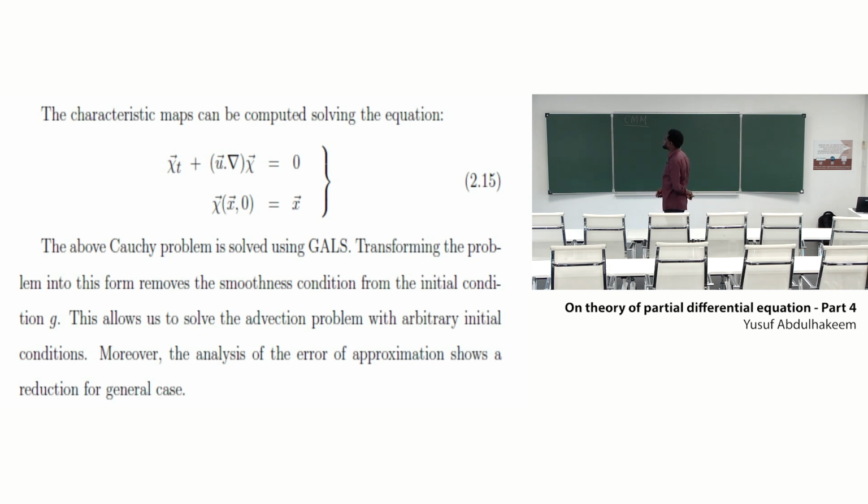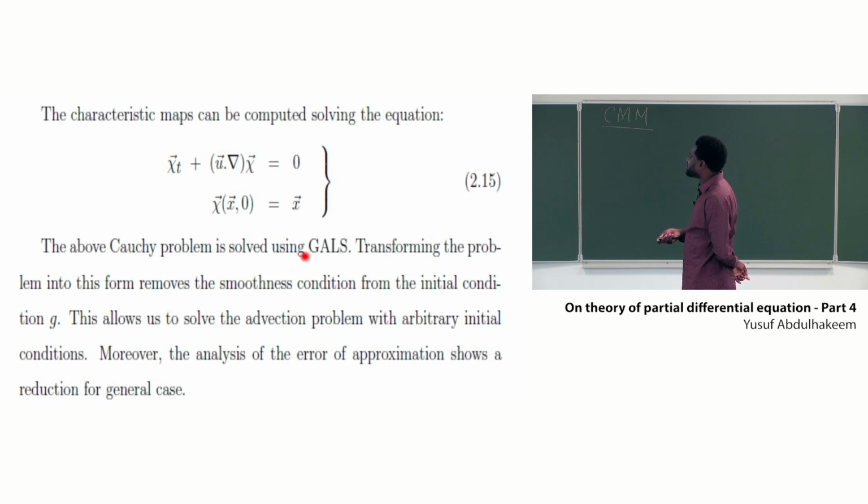Then the characteristics map can be computed by solving the equation given here in equation 2.5. Clearly, this is the initial condition given here as x bar. The above Cauchy problem is solved using the GALS method.